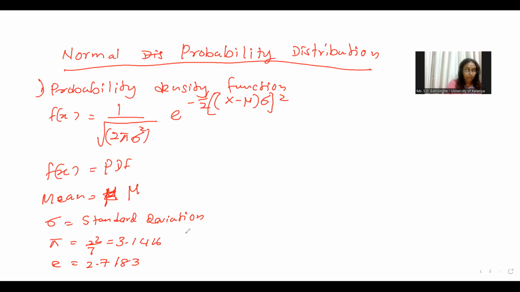So that is a bell-shaped curve. The other one is the curve is unimodal and symmetrical around the mean.